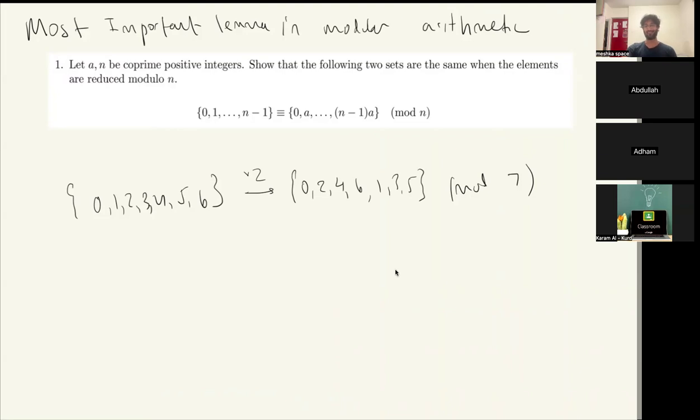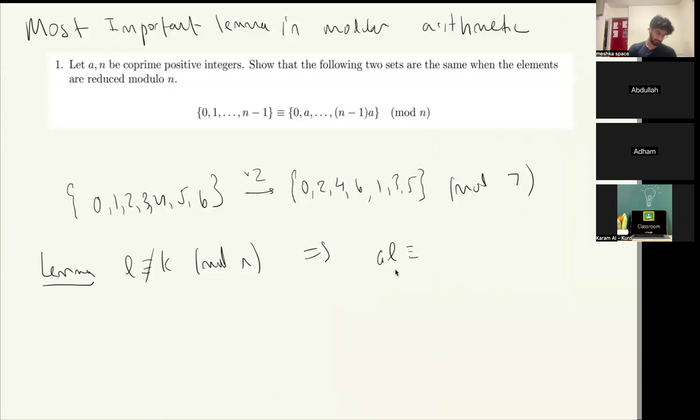So why is it true? What's the proof? There is a lemma we prove first: if L and K are not congruent to each other modulo N, then we have something about A times L and A times K. Or we can prove the contrapositive.